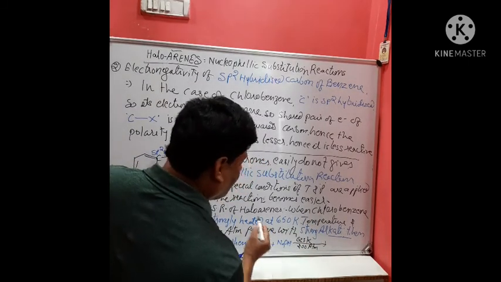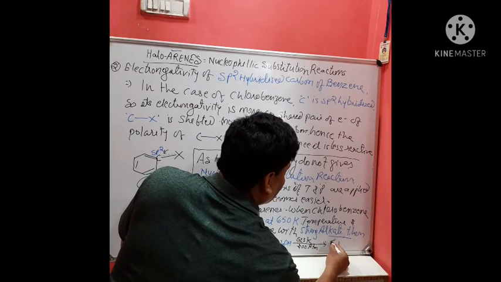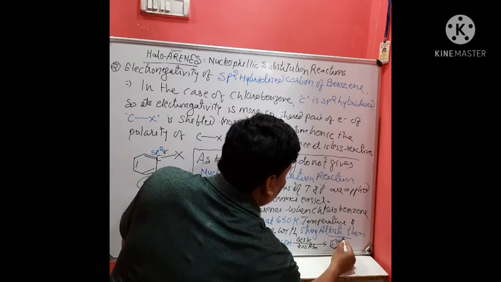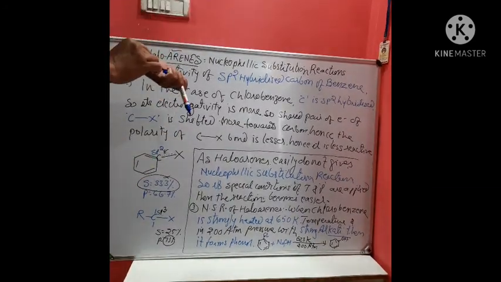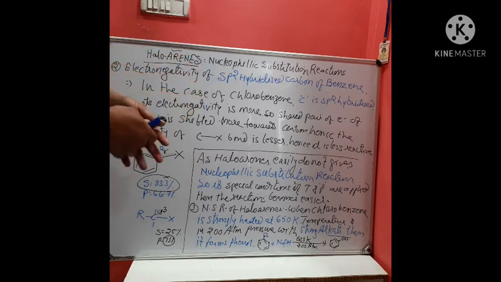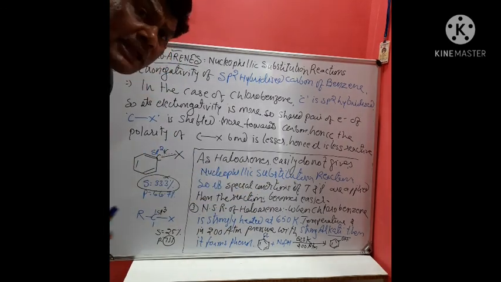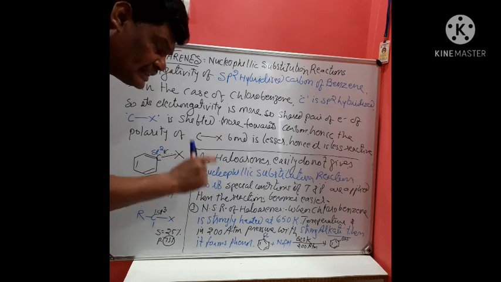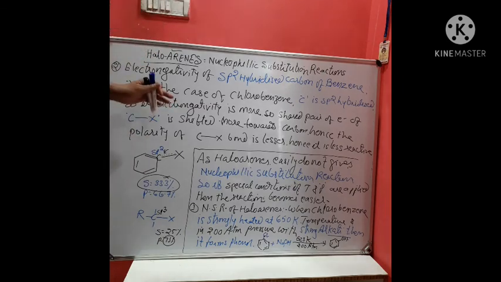Now the Cl can be substituted by OH of the alkali, forming phenol. So student, if the special conditions are applied, then the nucleophilic substitution reaction takes place. These special conditions are high temperature and high pressure along with the reagent we have selected, a strong alkali, sodium hydroxide or potassium hydroxide.